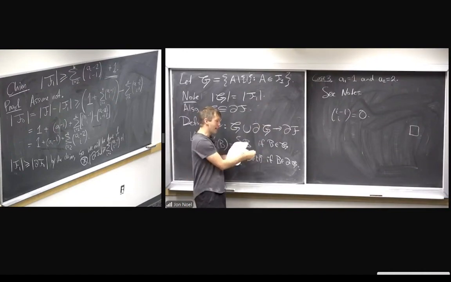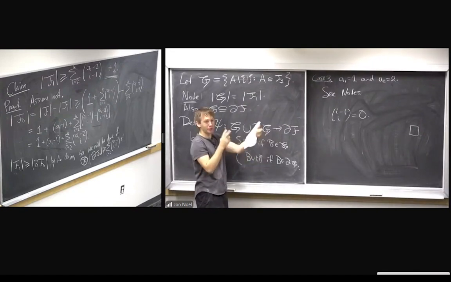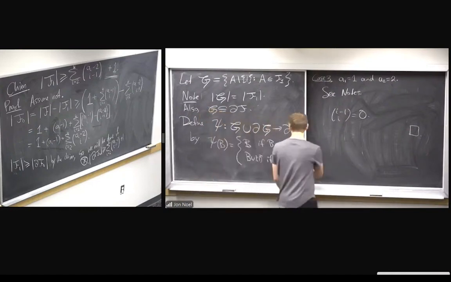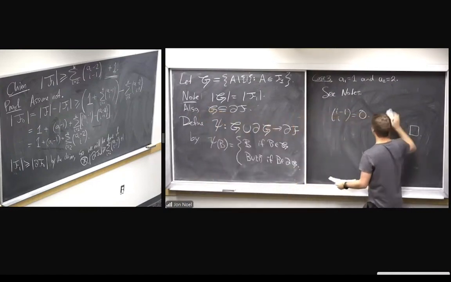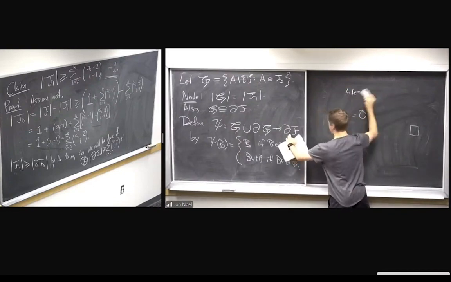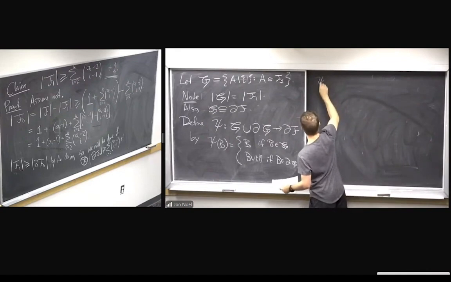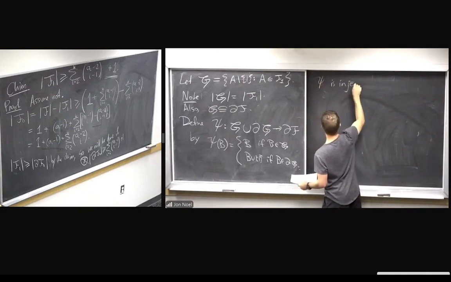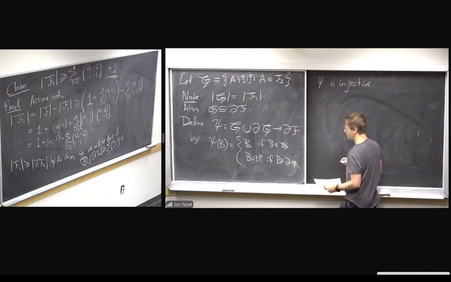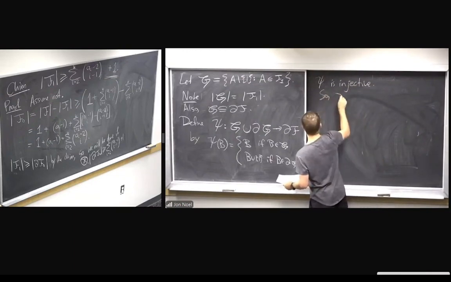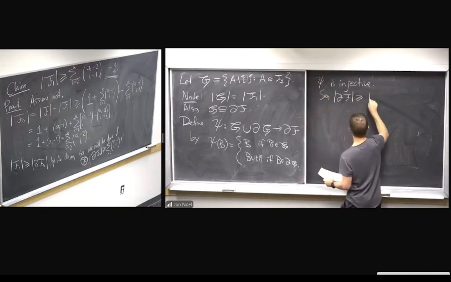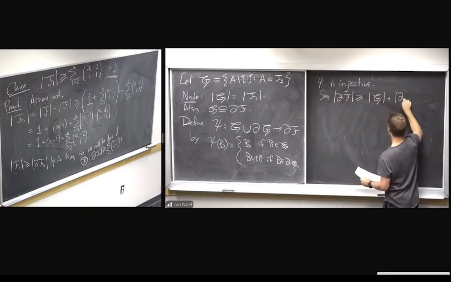But if I put one back into it, I'll get something that was in the shadow of F. It's just like if I start with the original set and delete the something else. So this is indeed such a function that it maps into the shadow of F. And note that psi is injective. It's not too hard to convince yourself of that. So the size of the shadow of F is at least the size of G plus the size of the shadow of G.